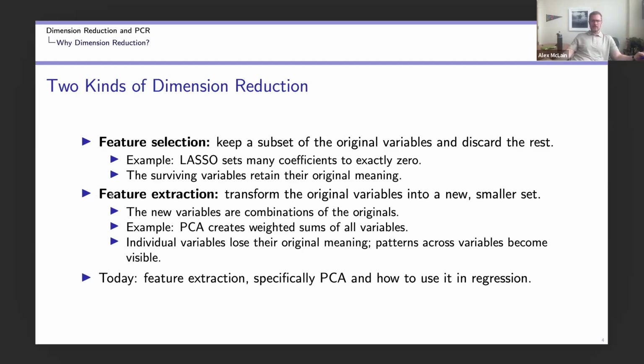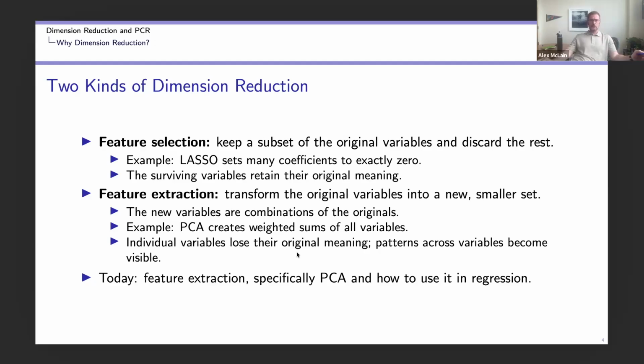What we will talk about today is feature extraction, where we're going to transform the original variables into a new, smaller set of variables. The new variables are going to be defined by the original variables. Sometimes they're going to be linear combinations of those original variables. The example that we're going to go through is principal component analysis, where the new variables, the principal component scores, are weighted sums of the original variables that we have.